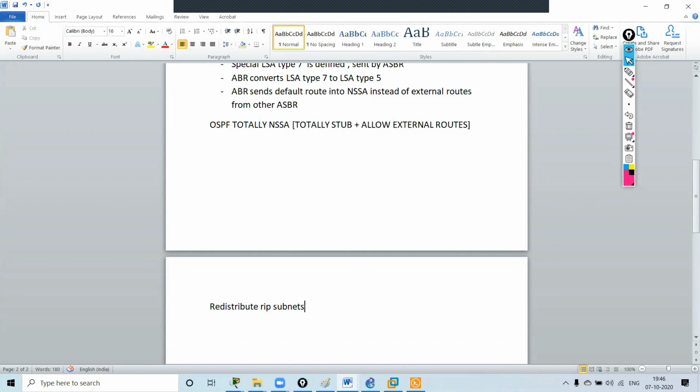Redistribute RIP subnet on the router that is running both the routing protocols. Got it? Inside router OSPF mode, you have to give this command, redistribute RIP subnet.